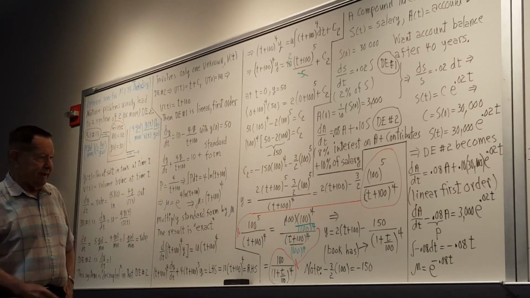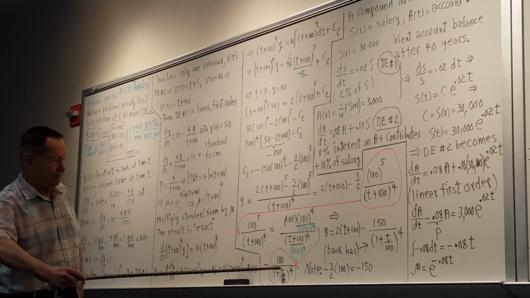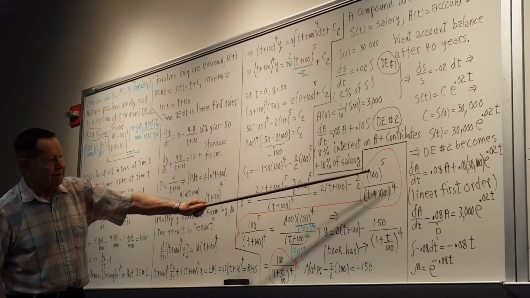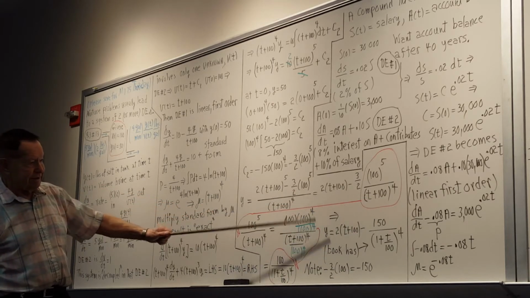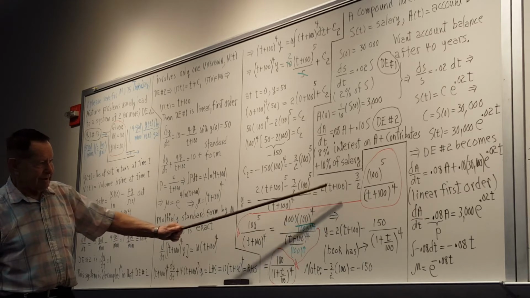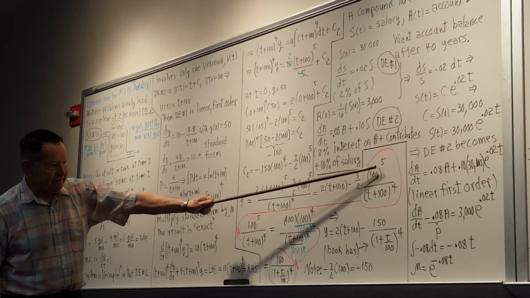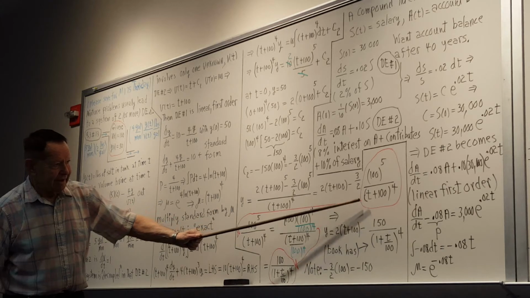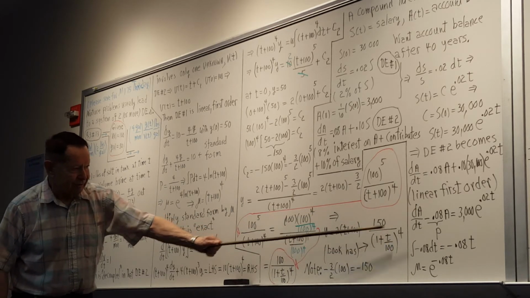And after you've done that, then this 100 over 1 plus t over 100 to the fourth is going to replace this fraction in the answer. So your answer now is 2, t plus 100, 3 halves times the remaining 100 here is 150, and then instead of this, you have 1 plus t over 100 to the fourth.